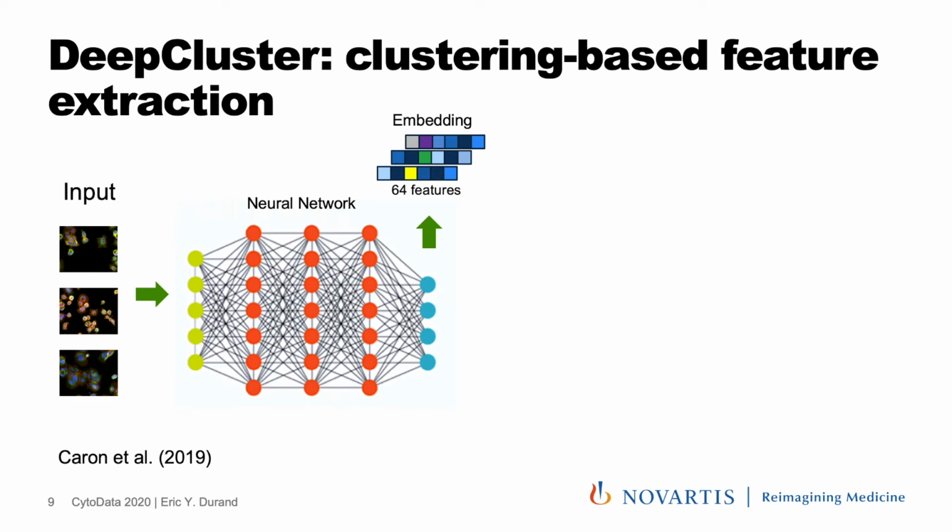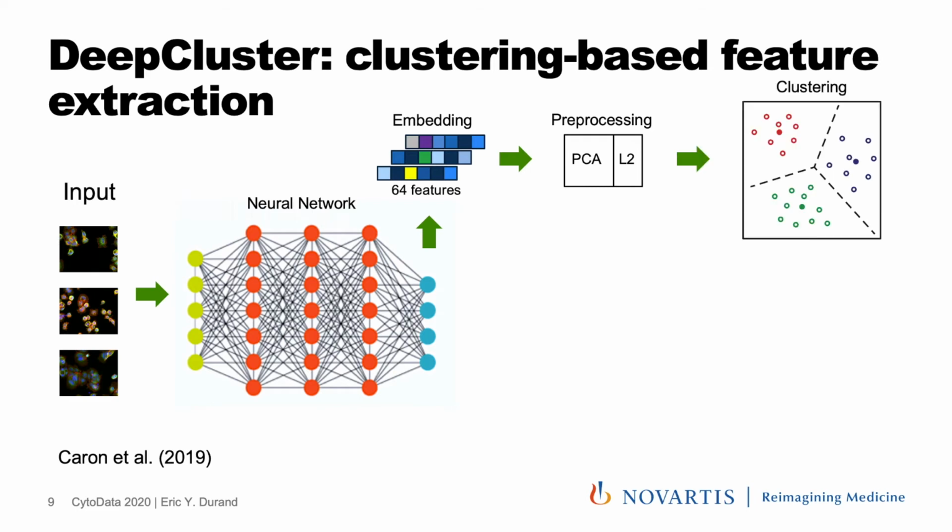And then the authors in their paper apply a pre-processing step consisting of first doing a PCA dimensional reduction and then applying L2 normalization on the resulting PCs, to which they apply a clustering method. In their paper, they mostly focus on k-means, but really you can use any clustering method that you like. And you can use this clustering result to assign a pseudo class to each of your inputs.